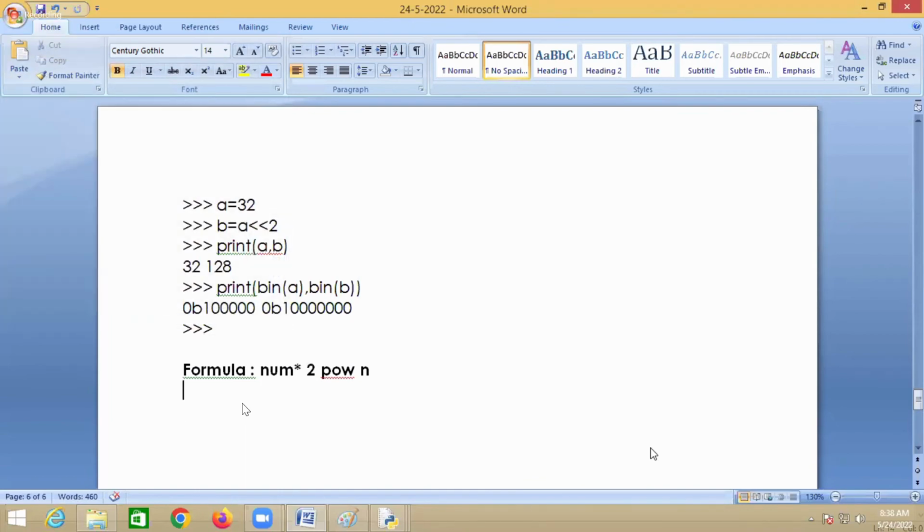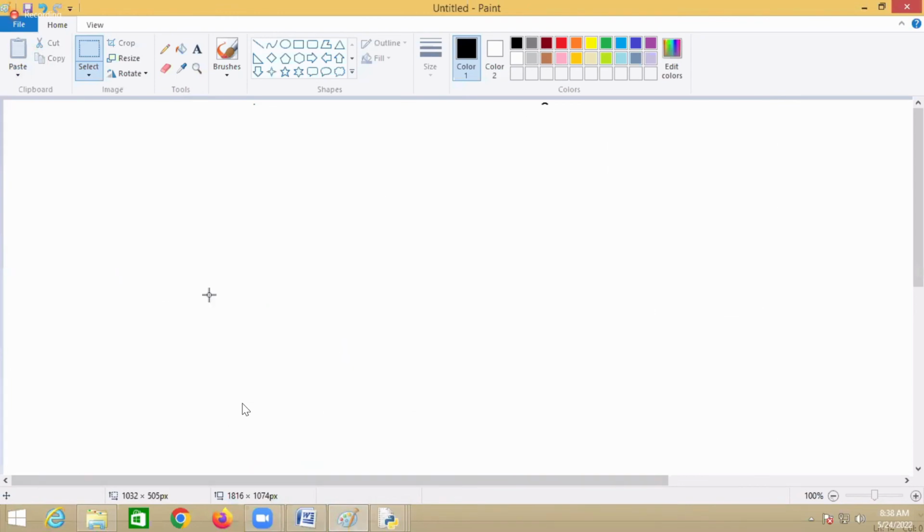Right? Suppose the value of A is 12 and the value of B is 12 left shift 3.